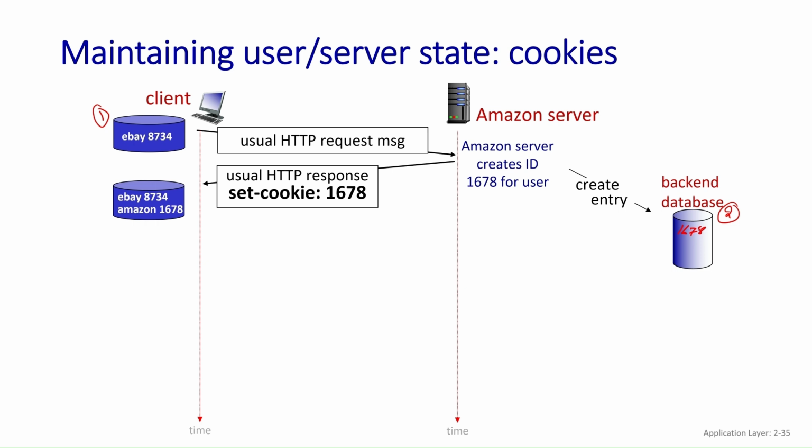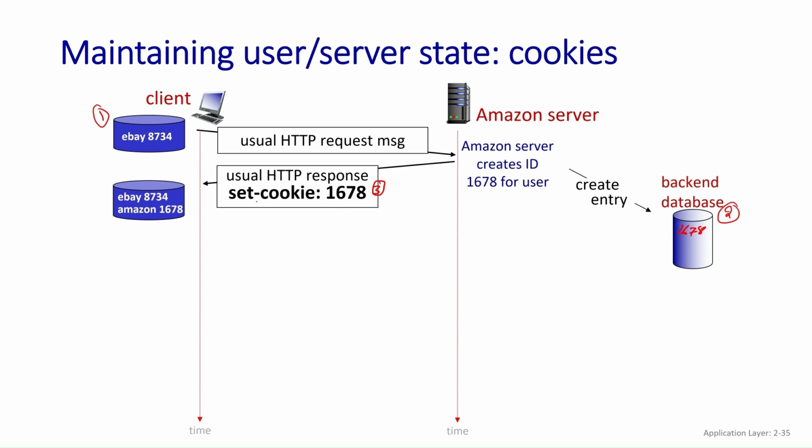So it will record 1678 here. Now Amazon will send a response, but now this response contains the third component out of these four components. This is a usual HTTP response, but it also has a new header line, which is Set-Cookie. Just like user-agent or language type, it is another field, and it has this value.